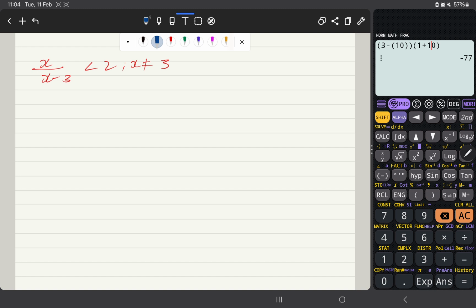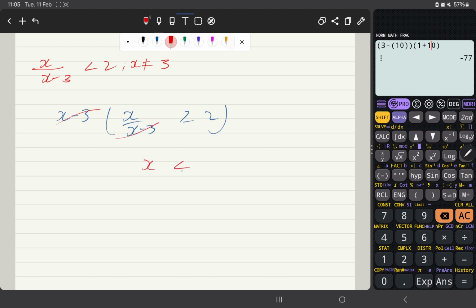So to solve this problem, if you just multiply the whole thing by x minus 3, you're going to miss out on other possible values of x. You're gonna only get one part, for example. Let's just solve it quick.